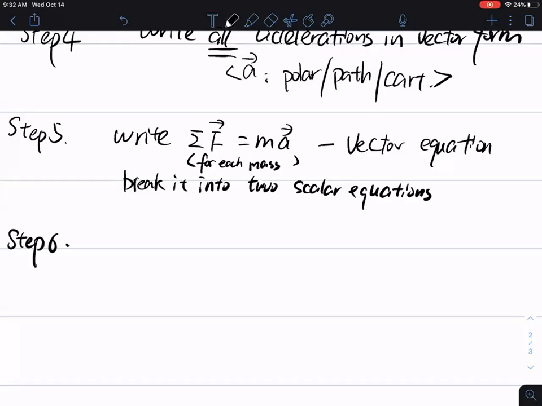Let's look at step 6. Step 6 is to add any needed equations.